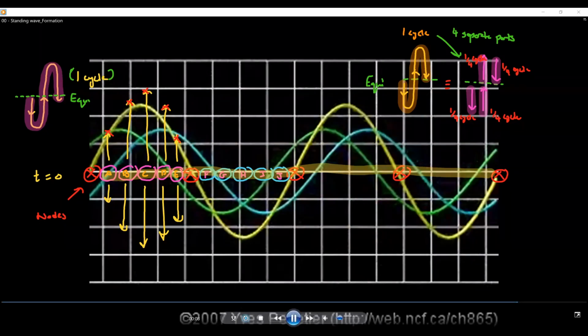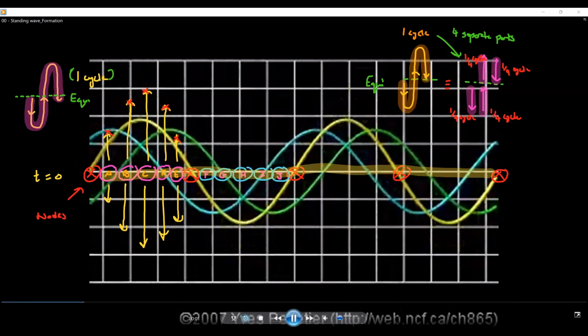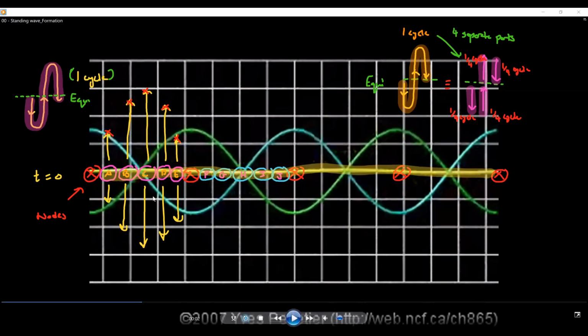So let me pause the video again at an appropriate time when the string is horizontal like now. Just now they told you that there's a point P that is moving downwards. Let's just assume that point P is actually this particular point here in the middle that is about to move downwards.